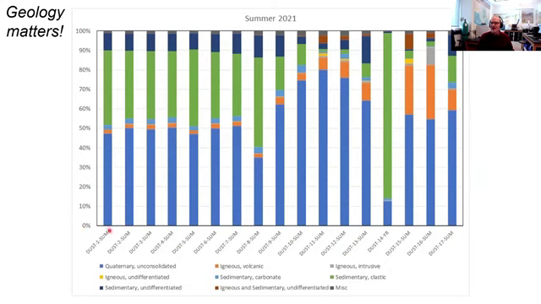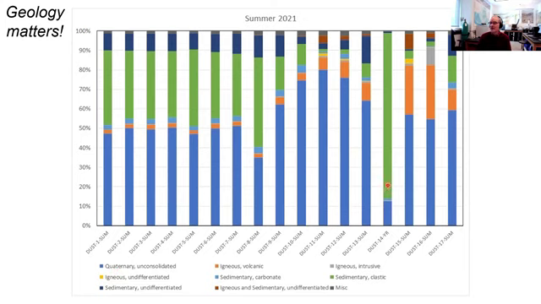From left to right across the bottom, we're looking at the summer season. 1 through 8 are all in the Uintas, and so the bar charts here look pretty similar to one another because the footprints were similar. But things get quite a bit different when you branch out from there. Dust 11 in the Ruby Mountains in Nevada: the likely contributing area for much of that dust is 80% blue on this particular plot, which is 80% unconsolidated Quaternary sediment on old lake basins and alluvial fans and so on.